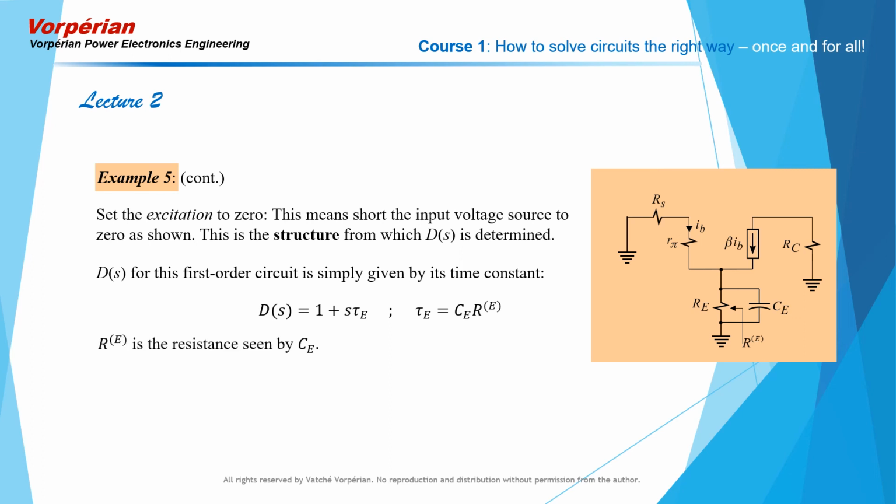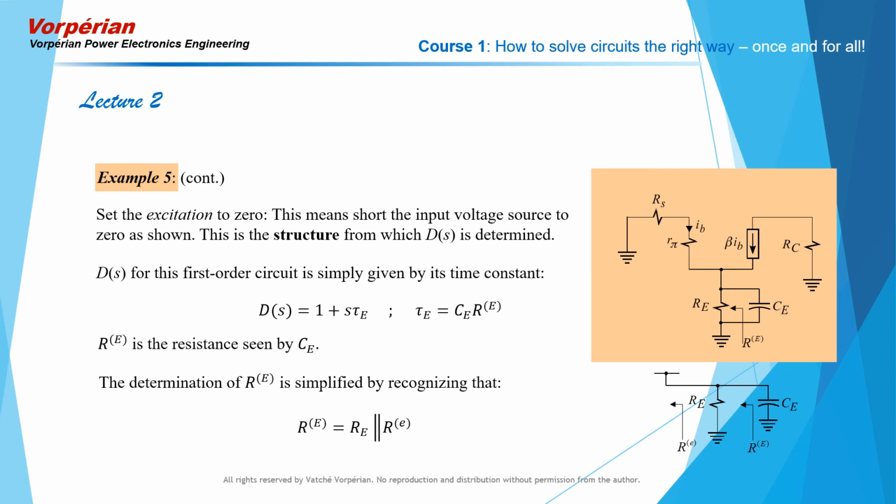We can simplify this by recognizing that R super E, looking back, is the parallel combination of the emitter resistor itself with whatever follows looking back into the emitter port after it. So we can keep the emitter resistance RE out of the picture at first and just determine R super little e, which is the impedance looking back into the circuit from the emitter port after the emitter resistor RE. And we'll do that in the next slide.